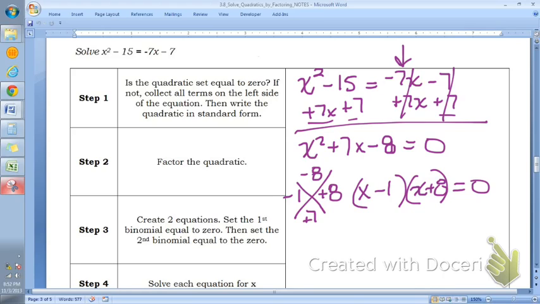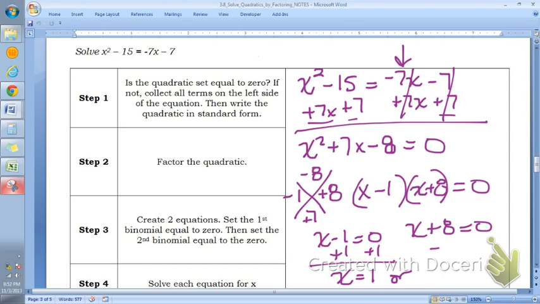And then the final step is to solve each equation separately. So break up your two factors and set it equal to 0 and solve each one. Plus 1 plus 1. X is equal to 1, or x could be equal to negative 8.